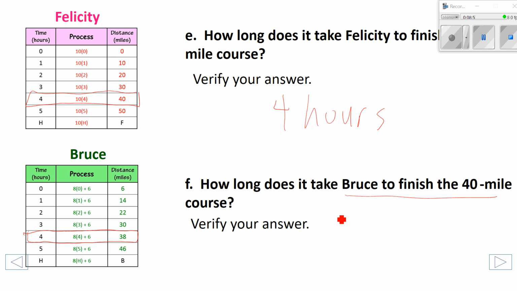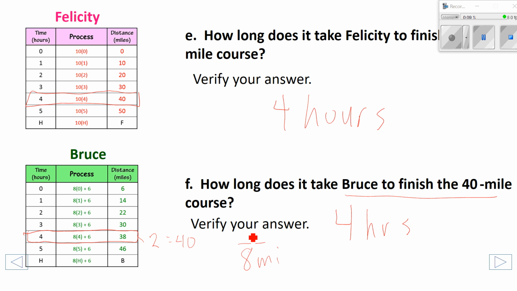Okay, and so we know it's going to be at least 4 hours, but we have to do a little critical thinking here. So when I get to 40, that's 2 more miles, right? So it takes 2 more miles to get to 40. So I have to think about my 8, right? Because he goes 8 miles per hour.